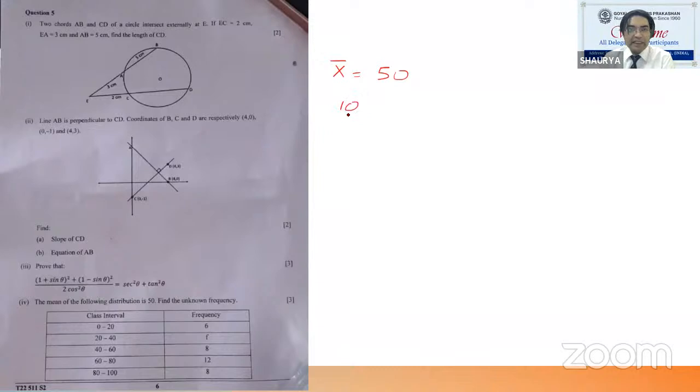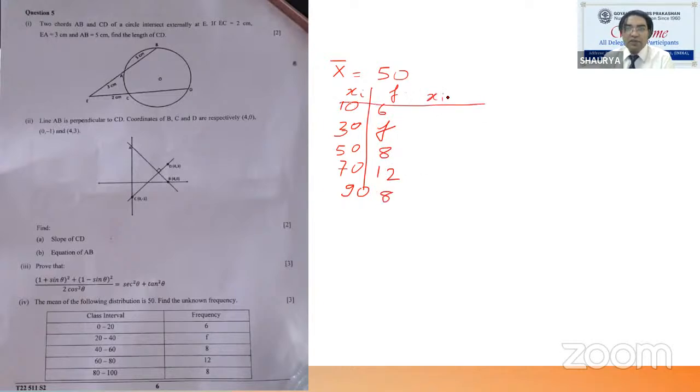So 0 to 20 has class mark 10, then 30, 50, odd multiples of 10, right? And lastly 90. So these are the class marks, that is xi, and the corresponding frequencies are 6, one unknown f corresponding to 30, then 8, 12, and again 8.